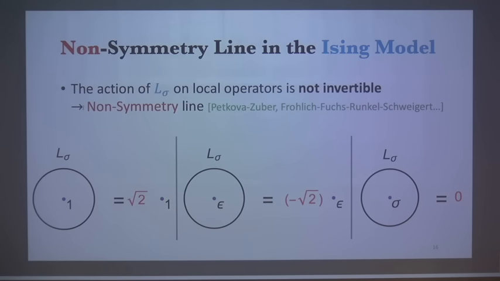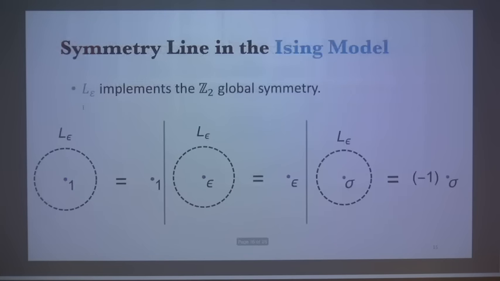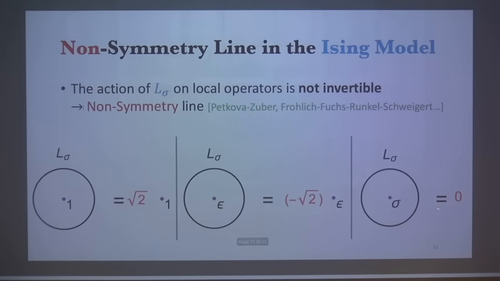The most glaring difference between this case and the previous ones is that L sigma annihilates the spin field. It gives you 0 on the right-hand side. This in particular means that the action on the Hilbert space of local operators is not invertible. And as we said before, that's one signature of a non-symmetry line.